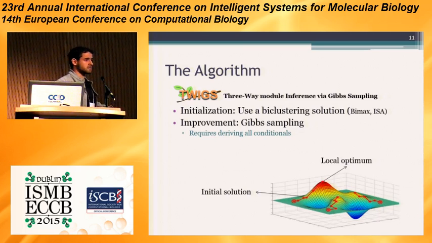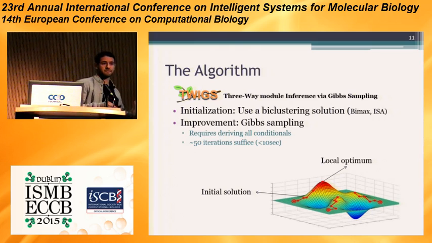But the basic idea is that we have some initial solution that is not random. We ran another algorithm, and we use an iterative process of sampling that improves it and gets us to a module with a high posterior probability. In practice, using simulations, we found that roughly 50 iterations suffice to get to a good module, which is very, very fast. And as I mentioned earlier, we use uninformative priors.